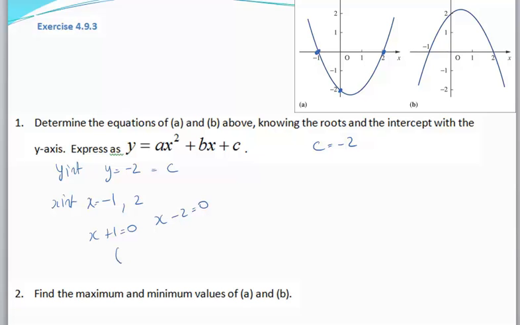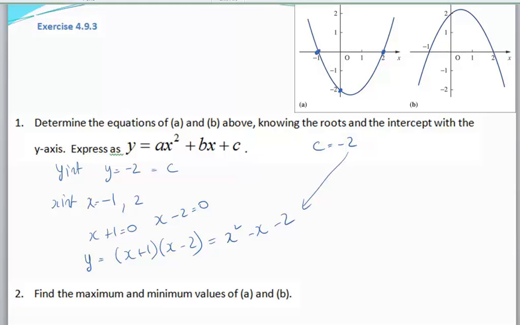So we end up with, well, (x plus 1)(x minus 2) here. So y is equal to (x plus 1)(x minus 2). We put this together. So here x squared minus 2x plus x becomes minus x minus 2 here. And that's our c minus 2 there that we have already here. So we've found our equation of our line here.